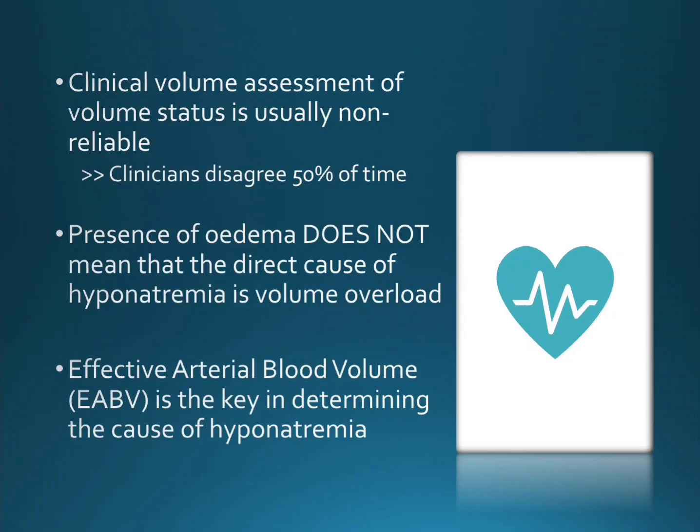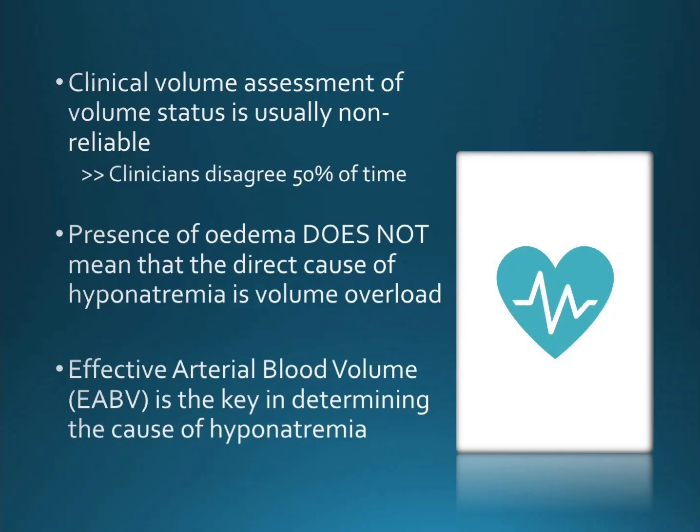EABV is the portion of blood volume that's present in the arterial tree and filling it down to the capillaries to ensure good tissue perfusion. The kidneys will sense the effective arterial blood volume, and based on that volume, they will decide if the body is well perfused or not.